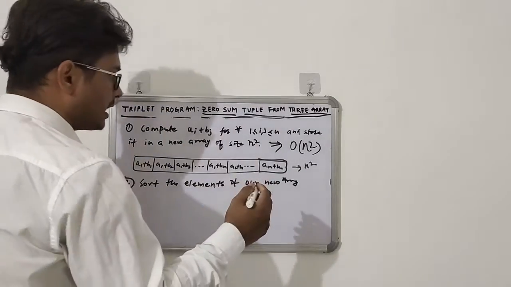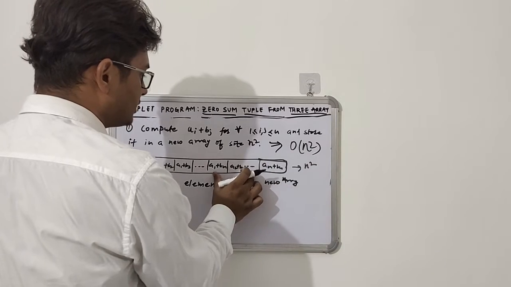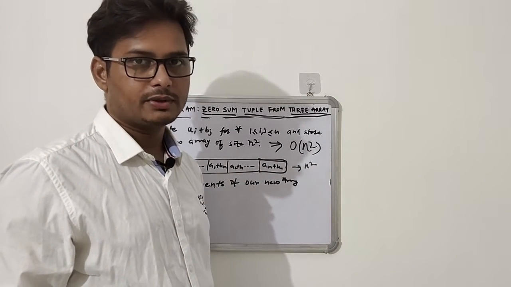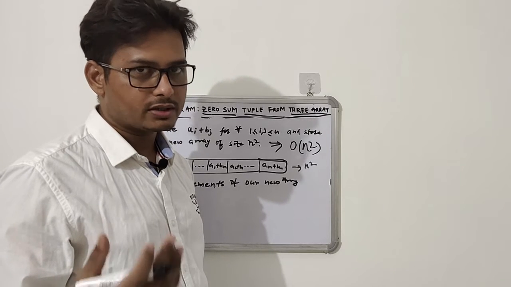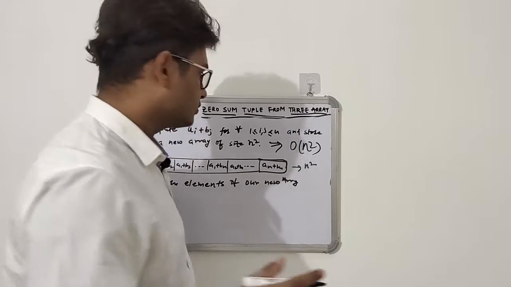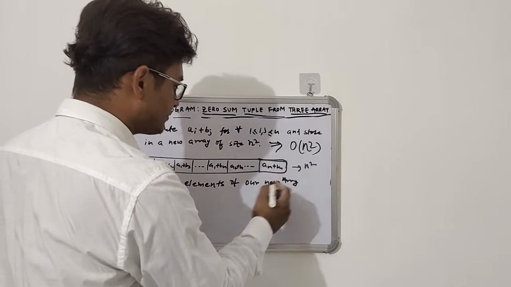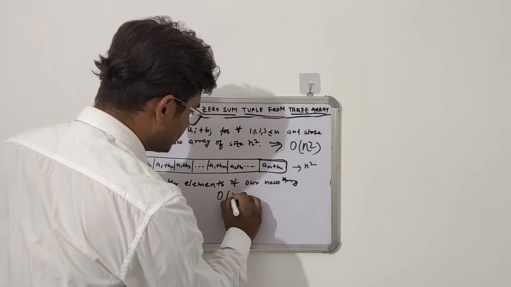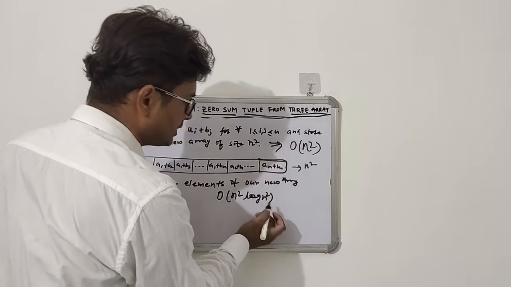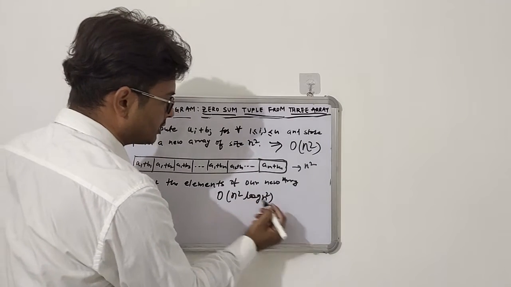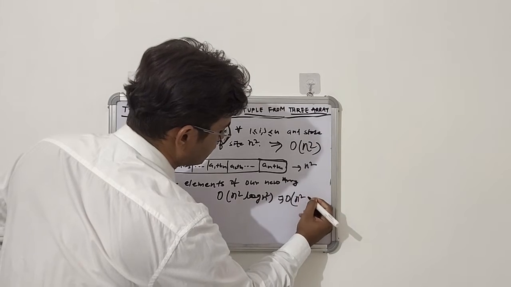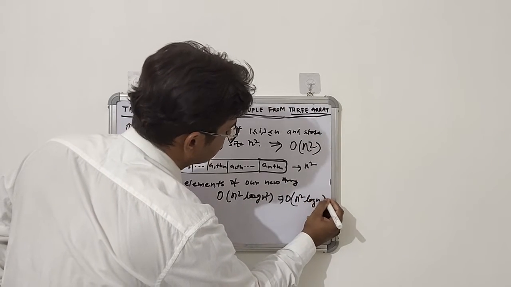Now if we want to sort this array, we can apply merge sort or heap sort, because merge sort or heap sort in the worst case take n log n time. So here the total number of elements is n square, so merge sort will take n square into log of n square, then the power comes to the front, and overall the time complexity is n square log n.